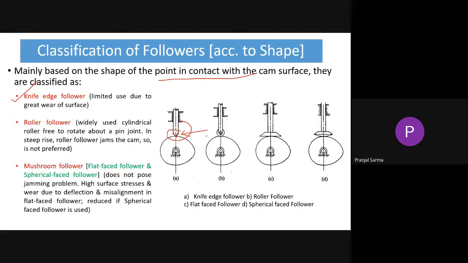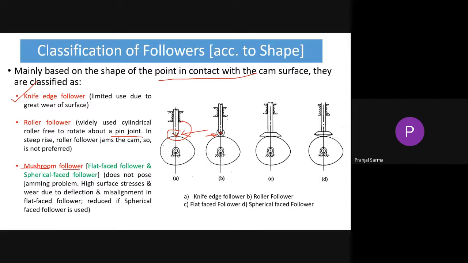Similarly, we can also have a roller follower. Generally, a widely used cylindrical roller rotates about a pin joint. This is the pin joint, you can see in the roller. But if we think of a very steep rise, then the roller follower jumps the cam. So for steep rise, roller follower is not preferred. So we can also have mushroom follower.